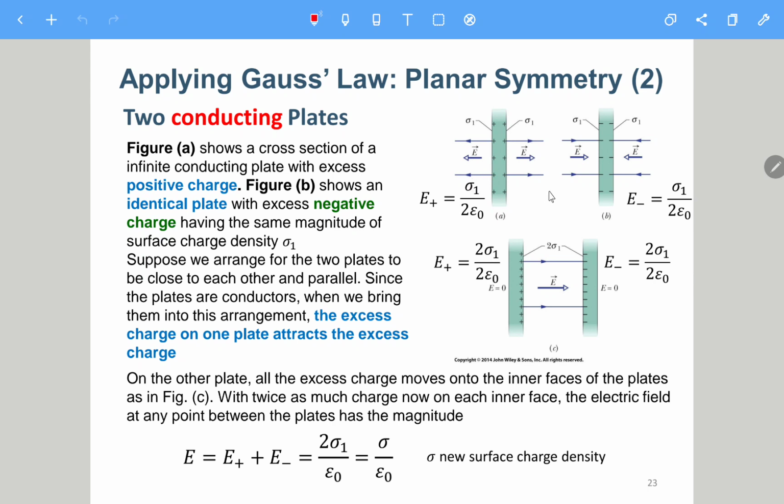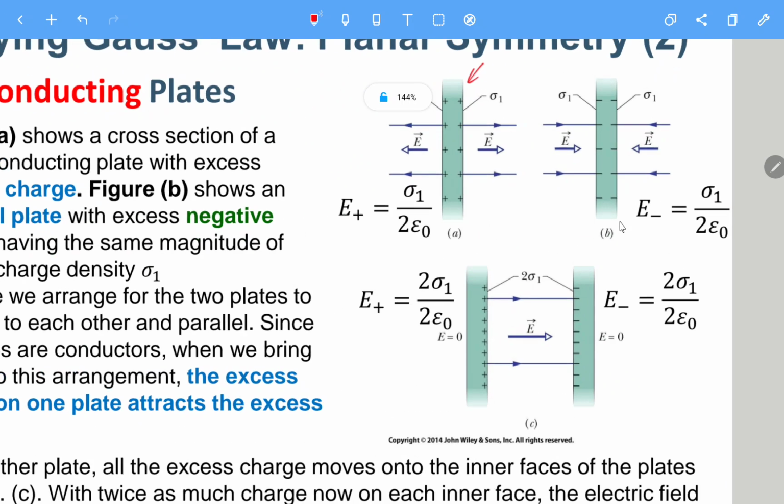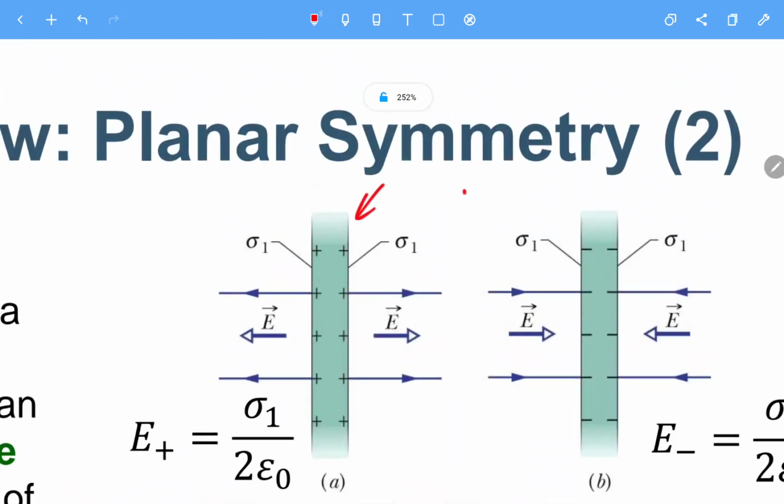Here we have figure A and figure B. When you see figure A, try to ignore the y part. They are not placed together yet. When you look at this one, just forget this one, and vice versa.